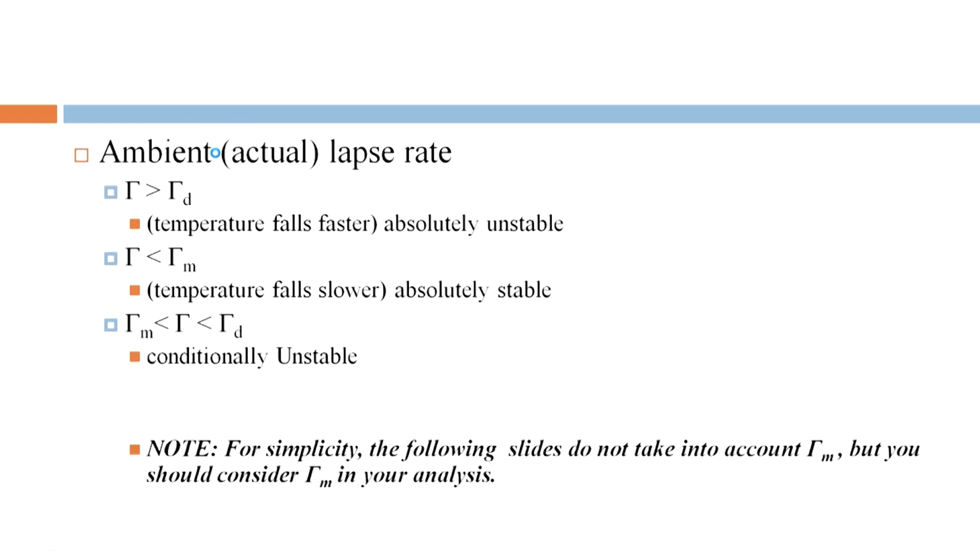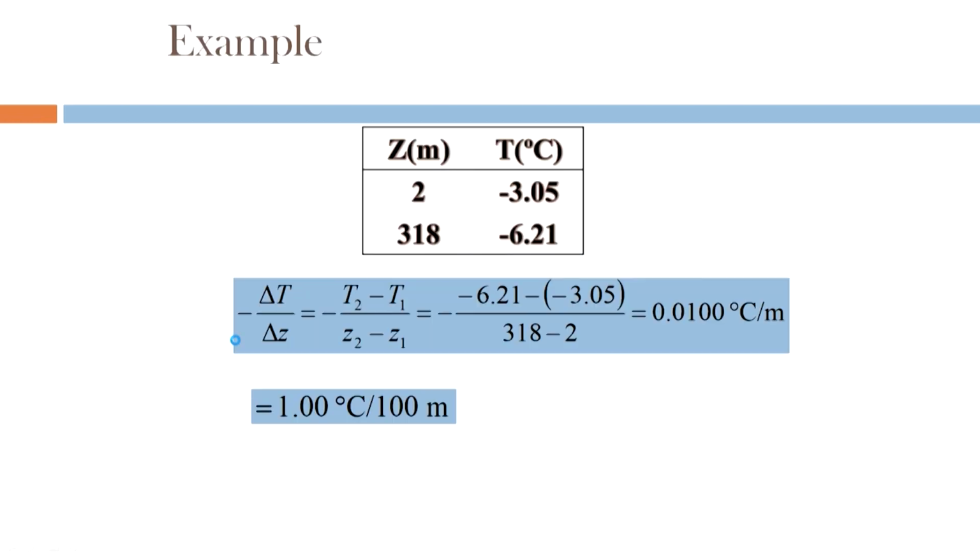adiabatic lapse rate again. So, obviously, if temperature falls faster, absolutely unstable, this is something that we have already looked at. Temperature falls lower, absolutely stable. If it is between, it is neutral conditions, right, or conditionally unstable. Let us move on. So, if height is this, temperature is this, so minus delta T by delta Z, what is that equal to? This is with respect to the packet of air.